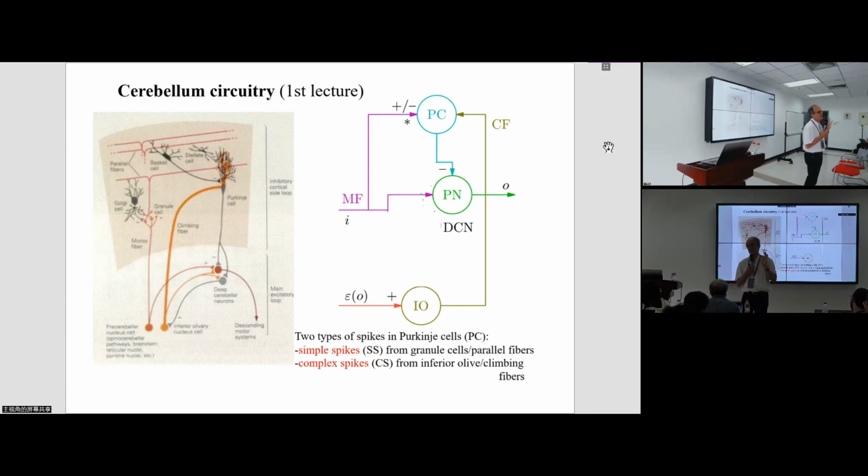There again, the error is just that you receive air on your eye without having closed it. I'm interested in the circuit mechanisms that are proposed for that. So there is a purely sensory input that will target the olive. If you think of a puff of air on your eye, this is just sensory input that will target the olive.